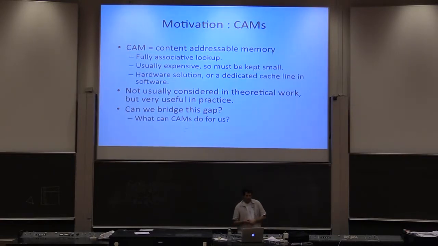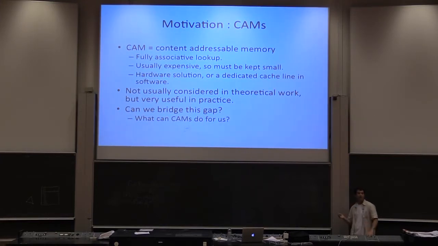This is actually well motivated by hardware. You can think of saying, I'm going to have my normal cuckoo hash table, but off to the side I'll have something in hardware called a content addressable memory. It's a fully associative lookup. That is, I can just ask, is this object in the content addressable memory? It'll come back in unit time.